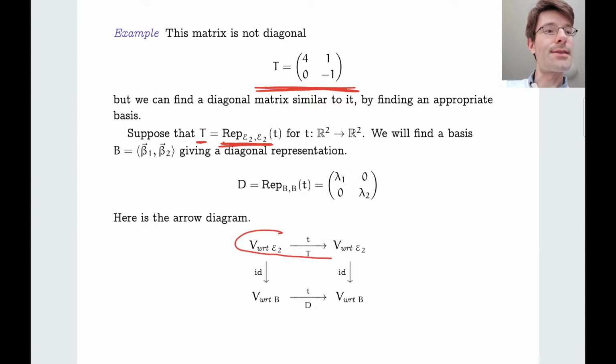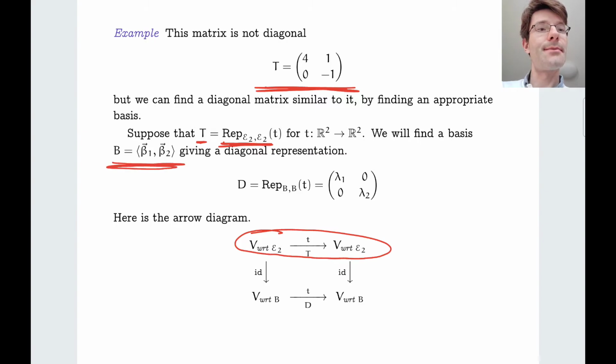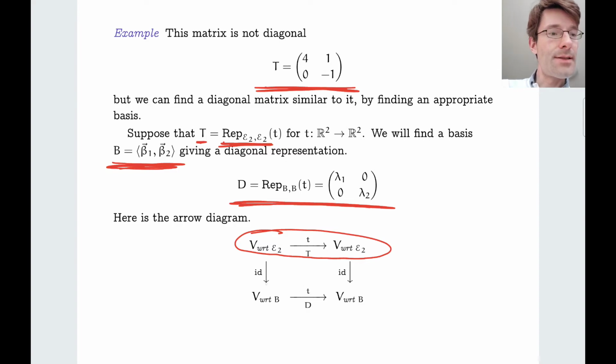So then that's the top part of the arrow diagram. And now we will find another basis, B, with respect to which the transformation T has a diagonal representation. So that's the thing at the bottom here.